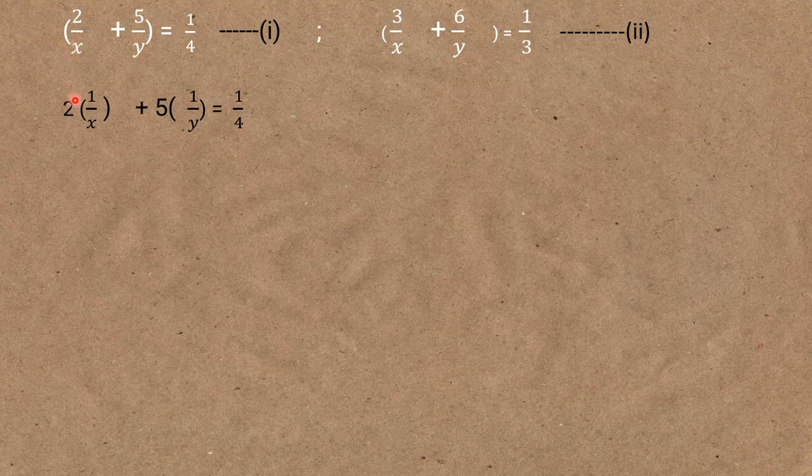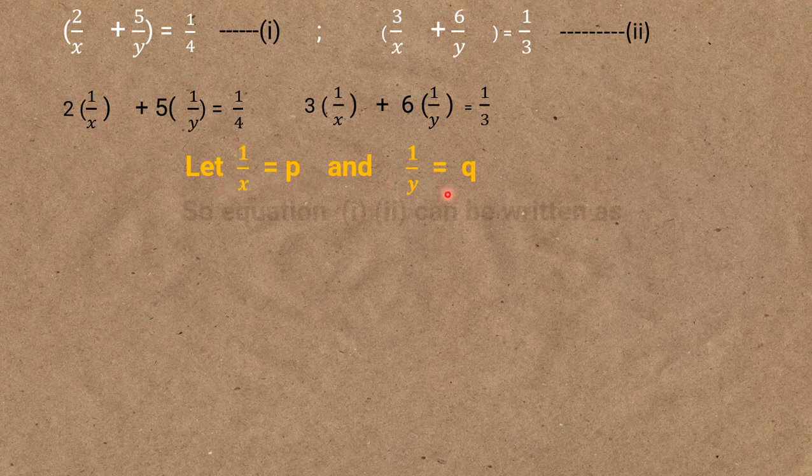So we can rewrite the first equation as 2 into 1 upon x plus 5 into 1 upon y equals 1 by 4, and the second equation as 3 into 1 upon x plus 6 into 1 upon y equals 1 by 3. Then we replace 1 upon x by p and 1 upon y by q. So let us take 1 upon x as p and 1 upon y as q.